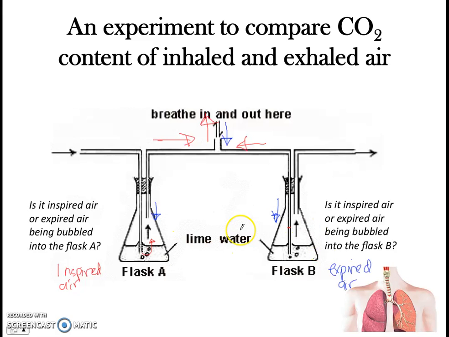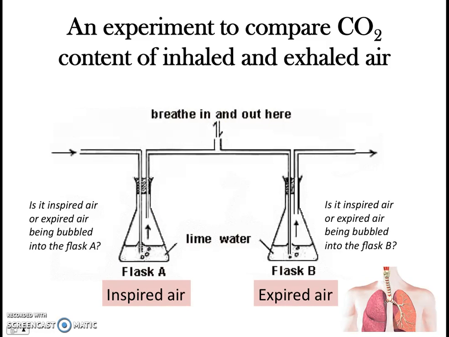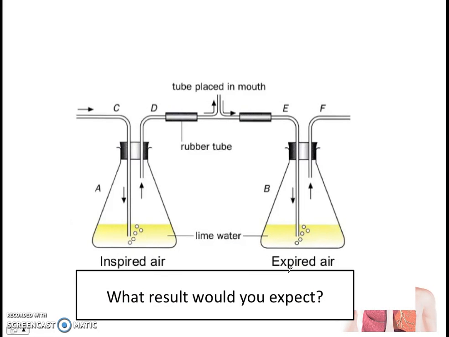So after a while, what do you think you observe? What would you expect given that flask A is testing inspired air and flask B is testing expired air? What result would you expect? Well, you'd be right to say that in flask A, where inspired air is being bubbled here, the lime water remains clear.